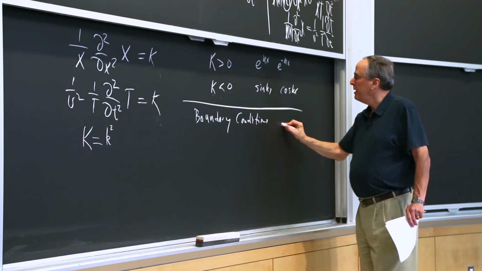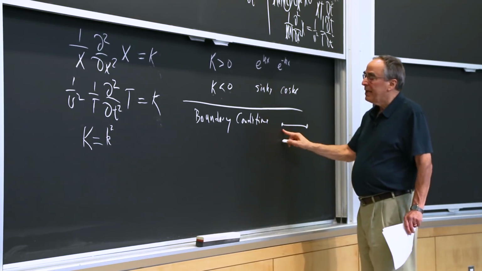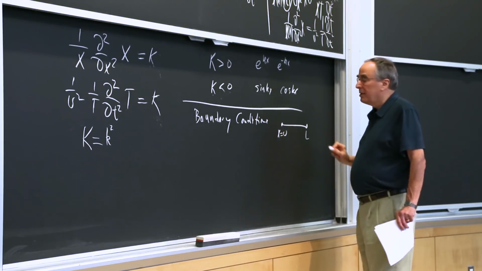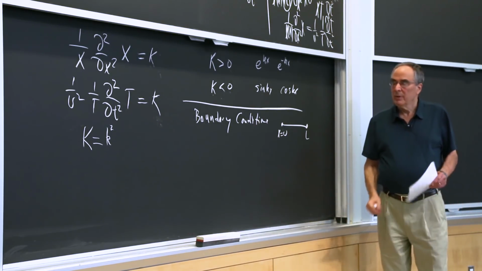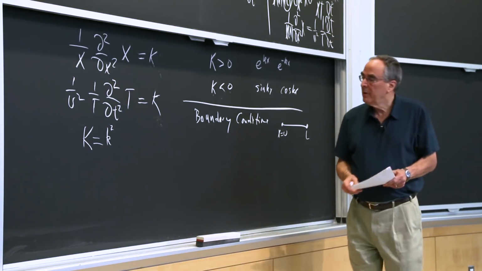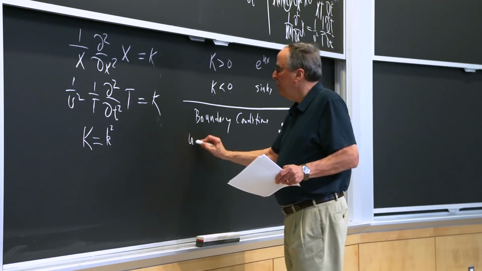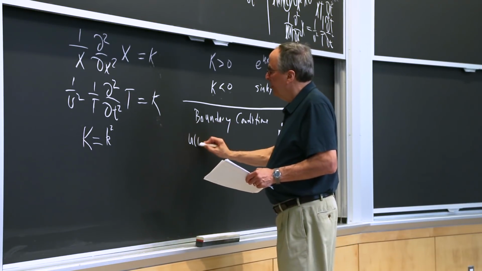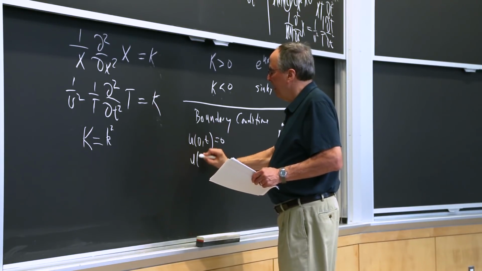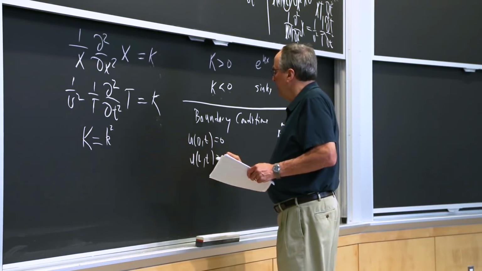And so if we have a string which is tied down at the end, so this is x equals 0 and this is x equals L, then we impose the boundary conditions. Well, the boundary conditions are u of 0,t is equal to 0, and u of L,t is equal to 0.